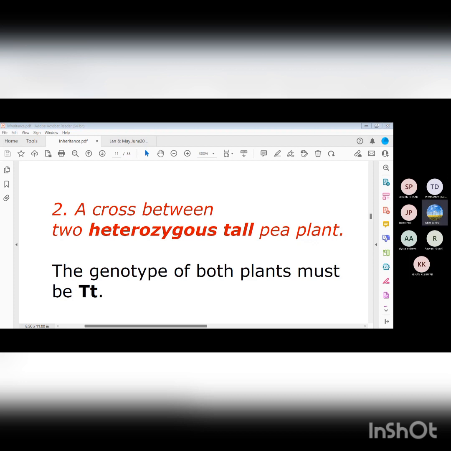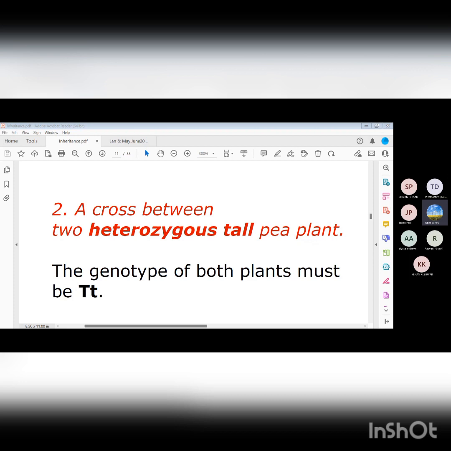So if you have capital T, small t, both of them, now this part here is wrong. Where it says dwarf, it's supposed to be tall, crossing with tall, right? Because if you have a capital letter and it's dominant, it's going to be expressed over the recessive form. So ignore this dwarf here, it's supposed to be tall.